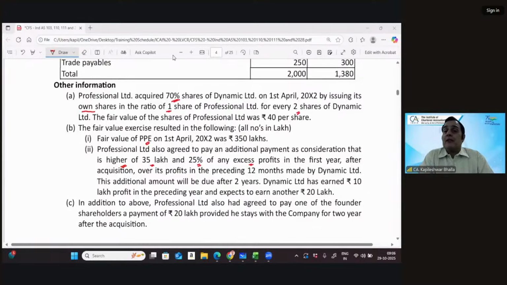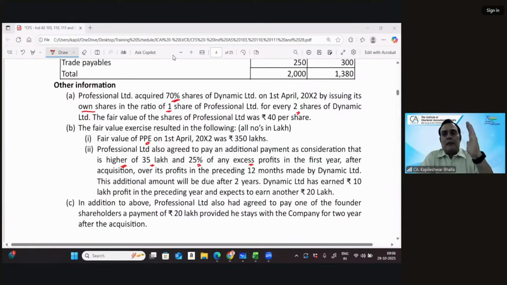Think carefully, because there is going to be a payment which is greater of the two elements, 35 lakhs or 25% of the excess profit. If the 25% is more, the shareholder gets that more money. If 35 is more, he gets 35. So I'm just thinking, can I say he would get 35 lakhs irrespective?